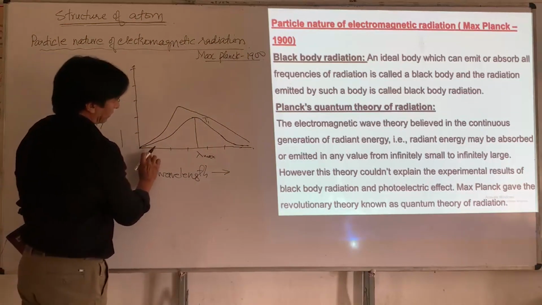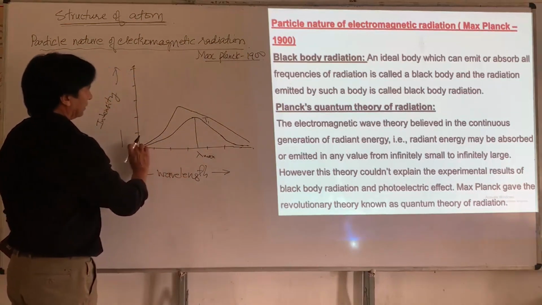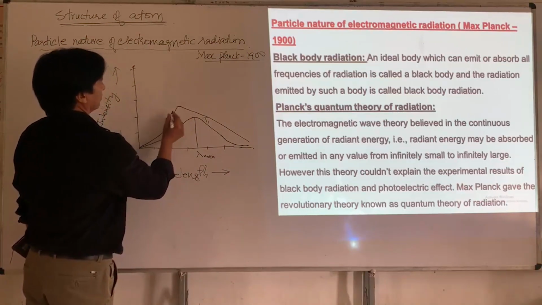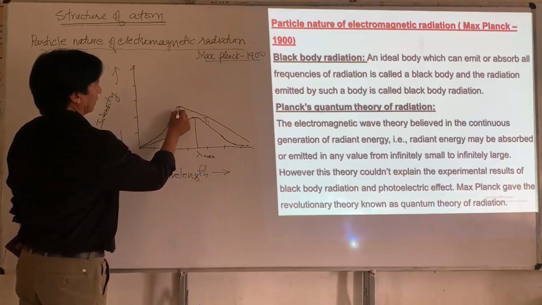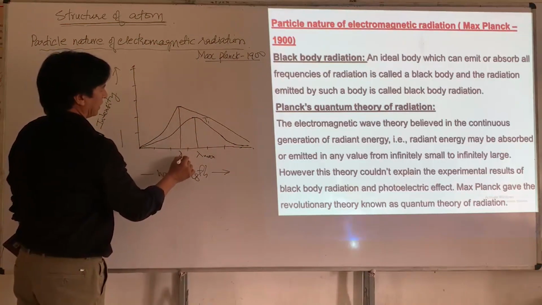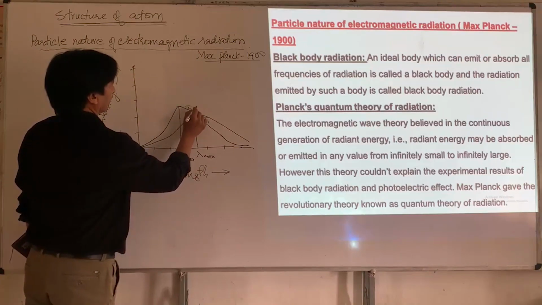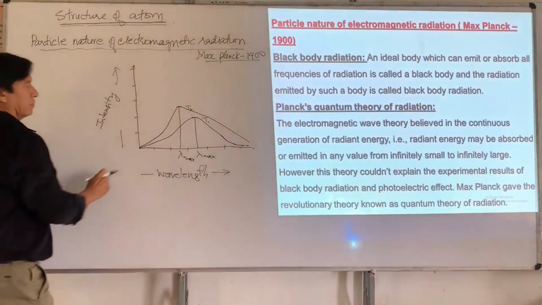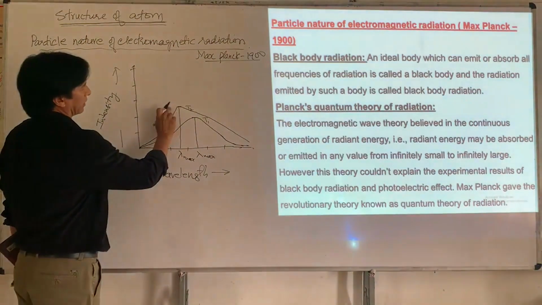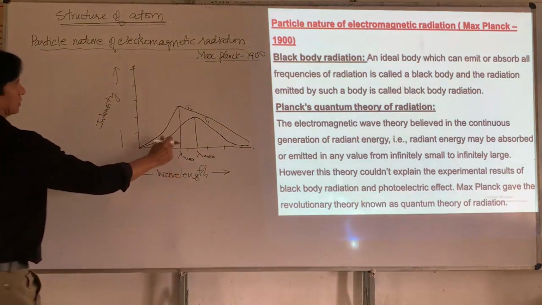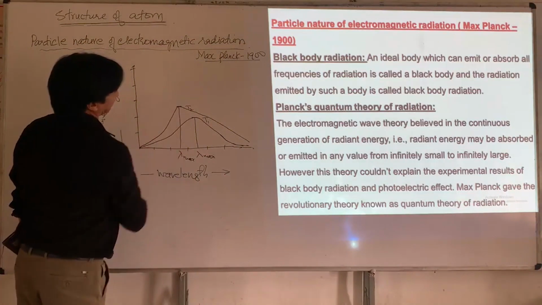So as the wavelength increases, intensity is also increasing, and then you reach a maximum intensity here, and you have your lambda max. This is the maximum intensity that you get at this wavelength called lambda max. So this is the peak intensity.